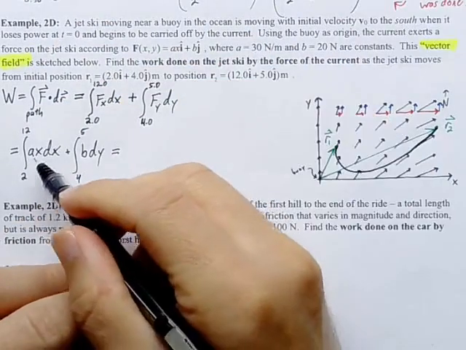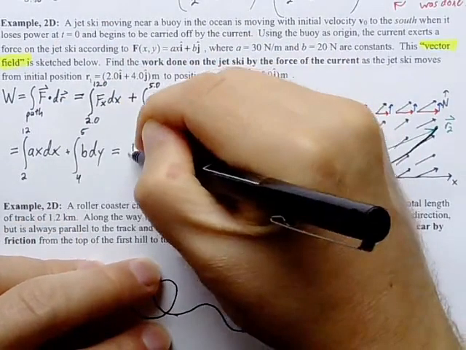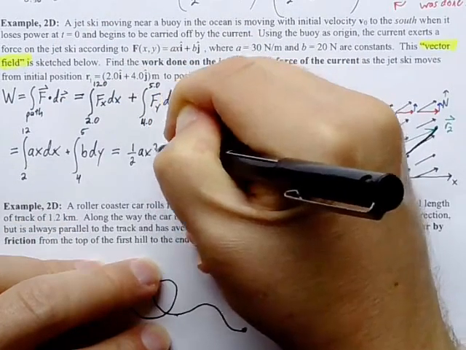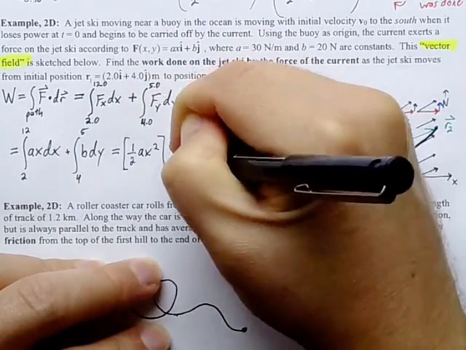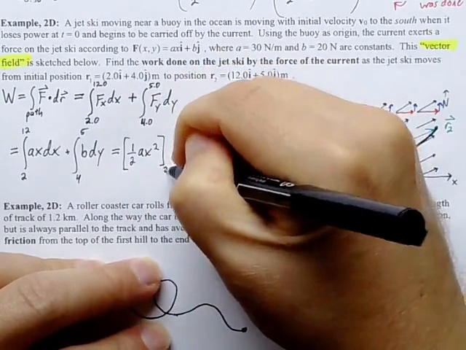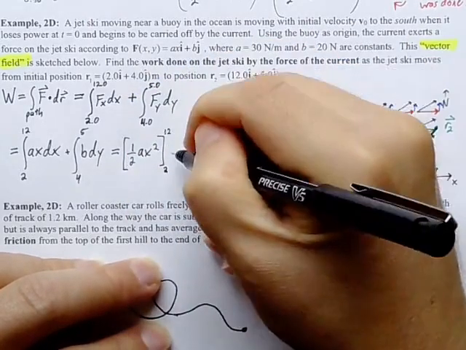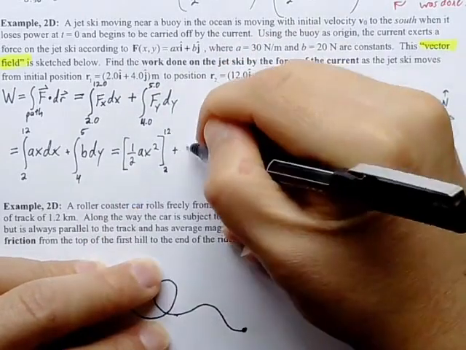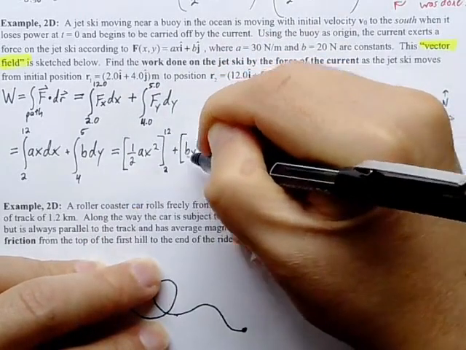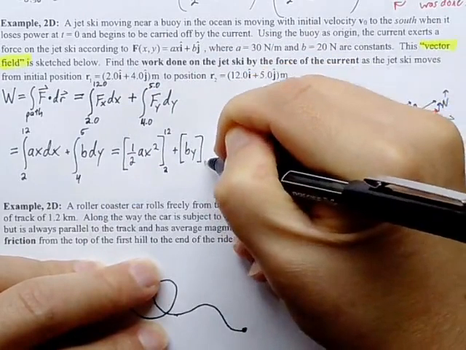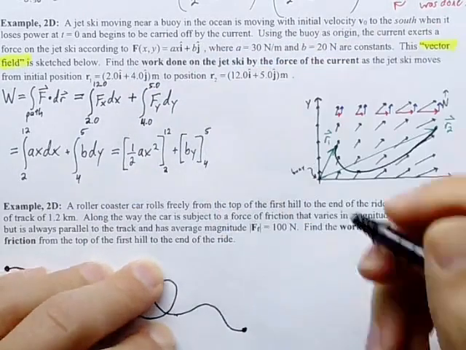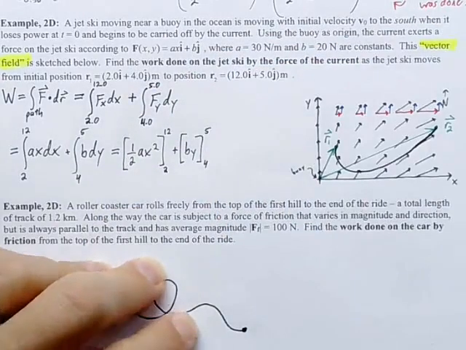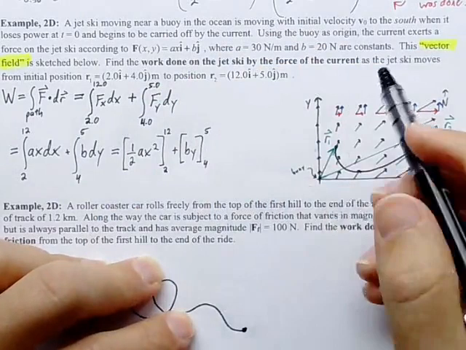All right, find our antiderivatives. Antiderivative of ax with respect to x is 1/2 ax squared. We're going to evaluate that as x goes from 2 meters to 12 meters. Plus antiderivative of b, a constant with respect to y, will just be by, as y goes from 4 meters to 5 meters. Okay, and we've got numerical values here.